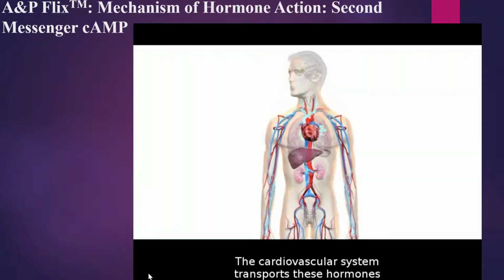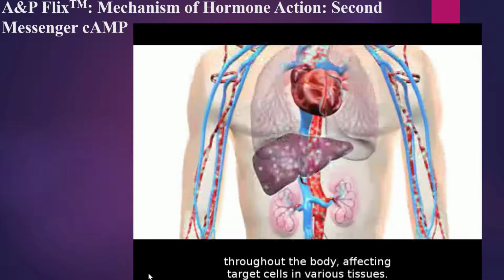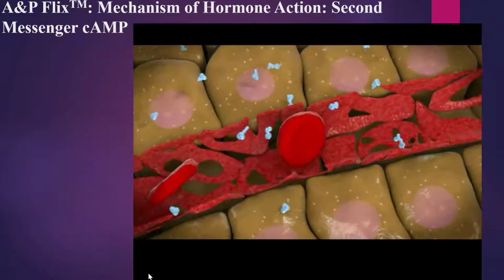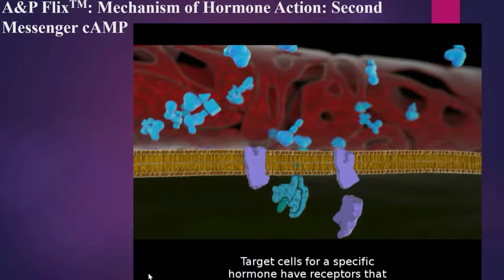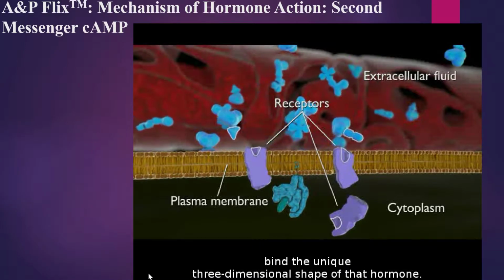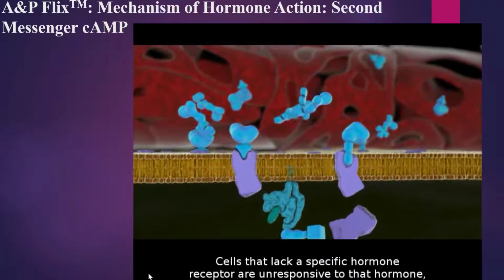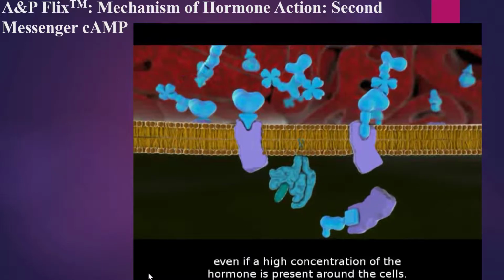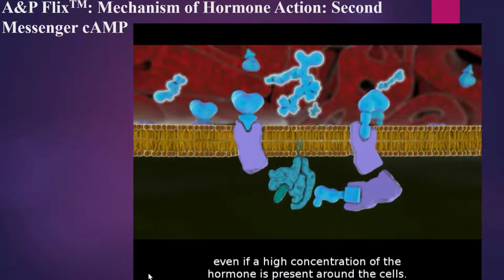The cardiovascular system transports these hormones throughout the body, affecting target cells in various tissues. Target cells for a specific hormone have receptors that bind the unique three-dimensional shape of that hormone. Cells that lack a specific hormone receptor are unresponsive to that hormone, even if a high concentration of the hormone is present around the cells.